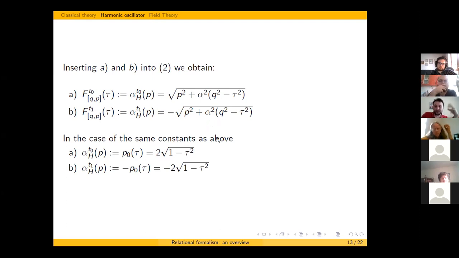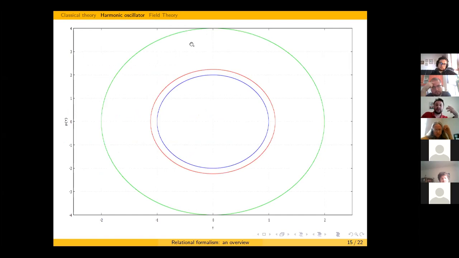So this concept mixes the empirical, or at least observation, with the theoretical structure. As I said, suppose that we don't have P and Q, the initial positions. These are just three ellipses that might describe the evolution of the system, namely the energy level of the harmonic oscillator. So how can you know that only one is correct and the other ones are incorrect? Basically, we can make a measurement.